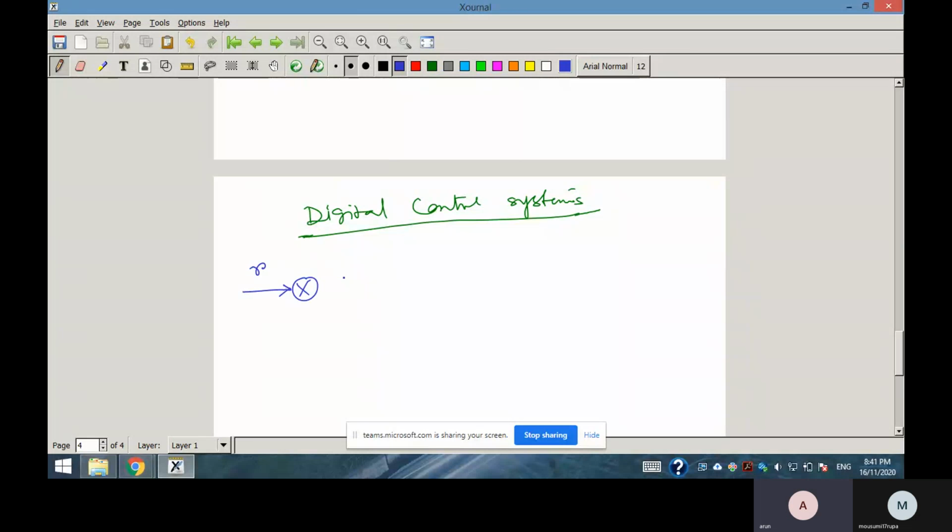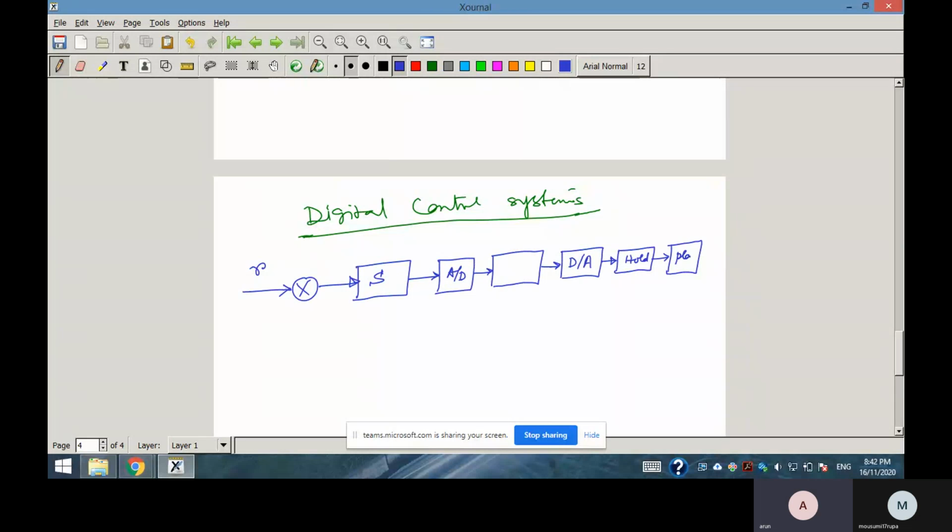This is the reference input. This is a sampler. This is an analog to digital converter. This is your digital processor. Then the digital to analog converter, then your zero order hold circuit, and then your plant.